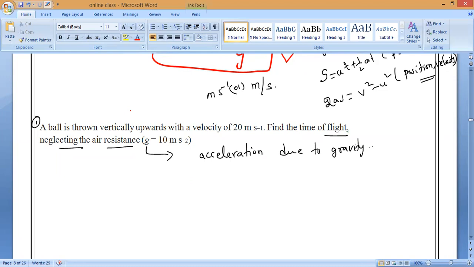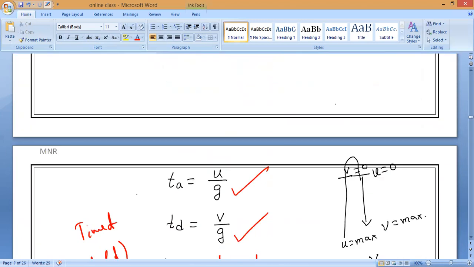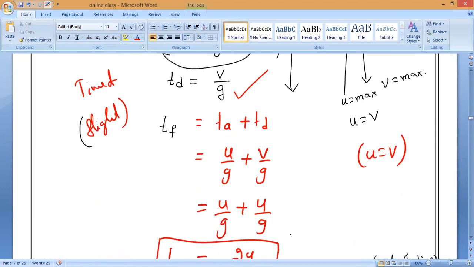Now, if you notice, they are asking time of flight. Time of flight means going time, coming time, or both the times? Both the times. Time of ascent means going time. Time of descent means coming time. But they are asking time of flight.